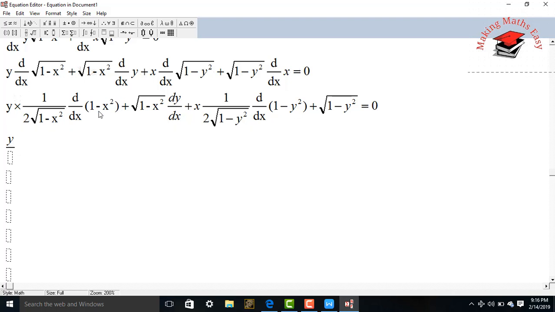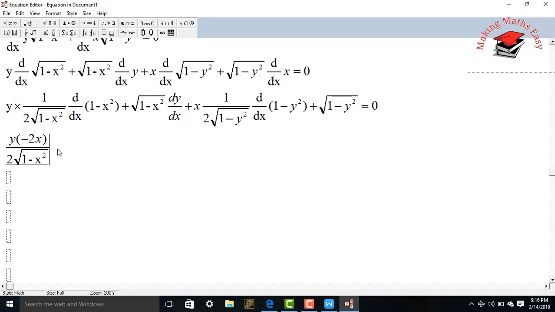So the differentiation of 1 minus x square is equal to: the derivative of 1 is 0, so no need to write 0, and the derivative of minus x square is put a bracket and write minus 2x, because the derivative of x square is 2x, and we write the denominator part, 2 into the square root of 1 minus x square.